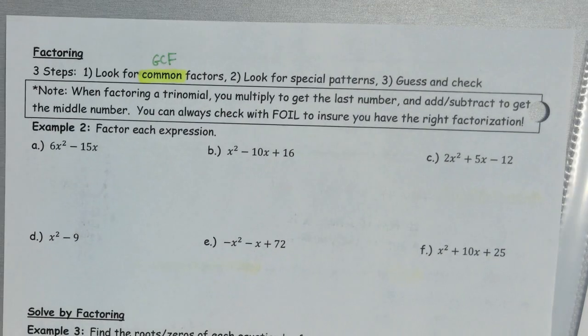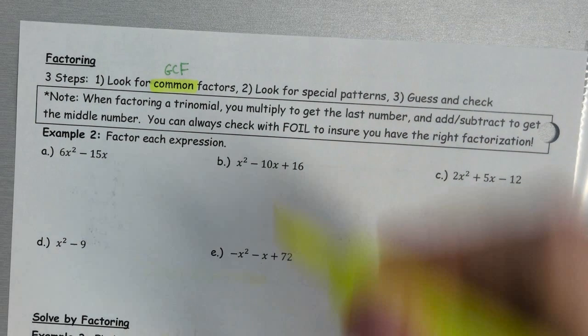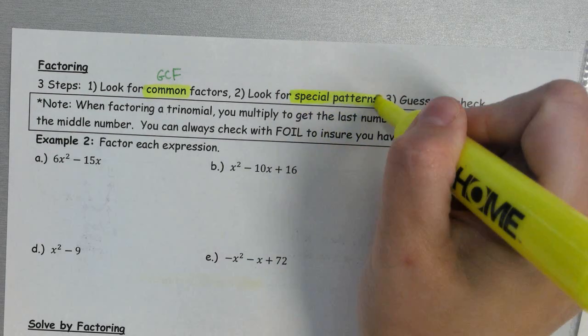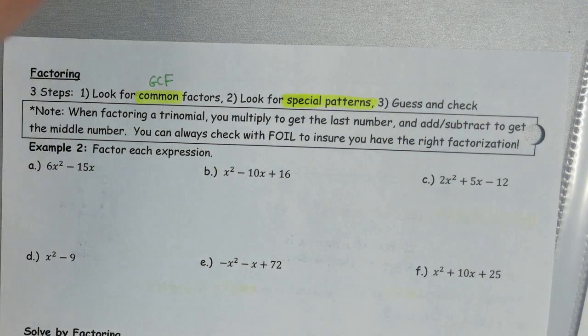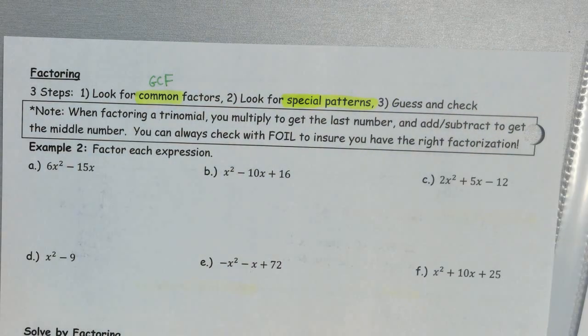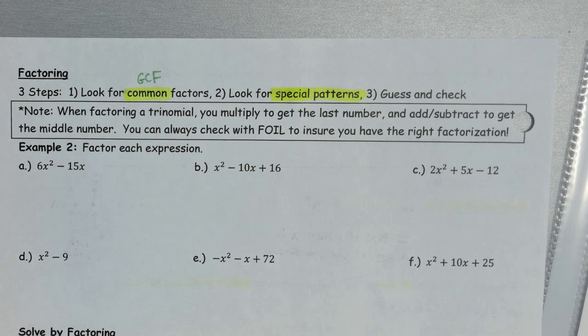The second thing you're going to do is look for what's special. In this case, we're looking for special patterns. Do you guys remember the 2 special patterns we talked about earlier this week? They're on your sheet, factoring in U. So the first one's the difference of 2 squares.